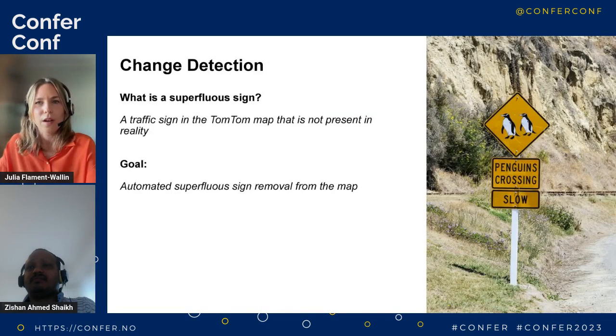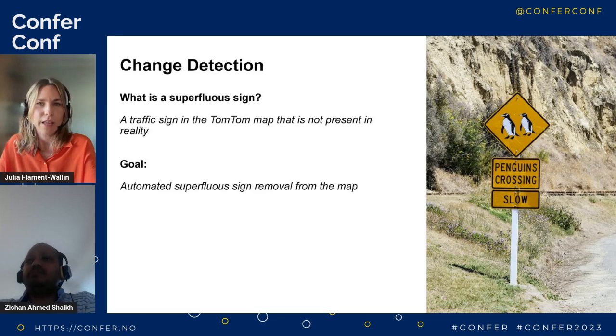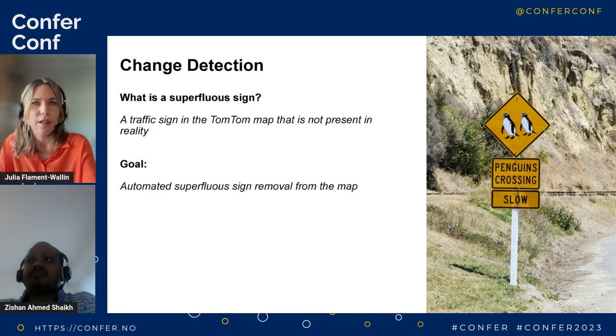Right, so short introduction to superfluous signs. What even is that? A superfluous sign is basically a sign that isn't there, either because it was never there or because it's not there anymore, like in the example that Zishan likes to use, where a meteor crashed and just obliterated a sign that was there.